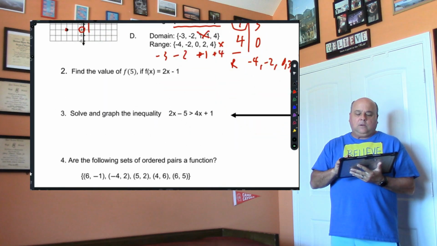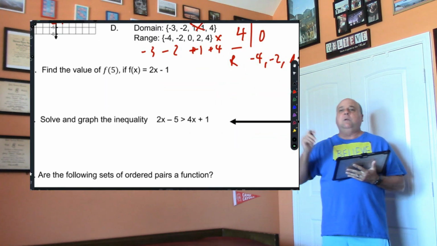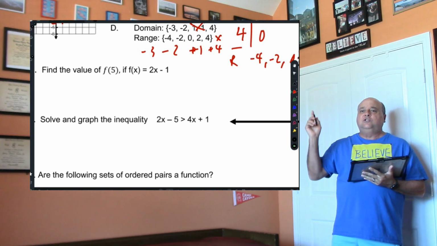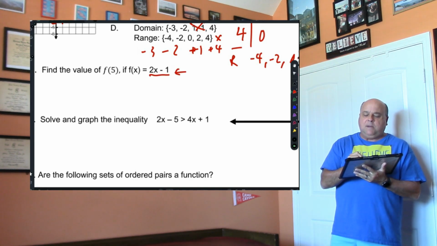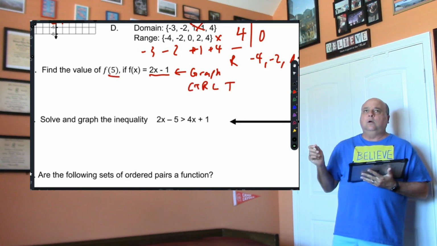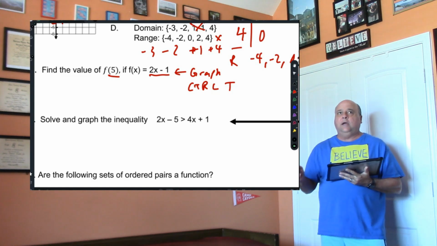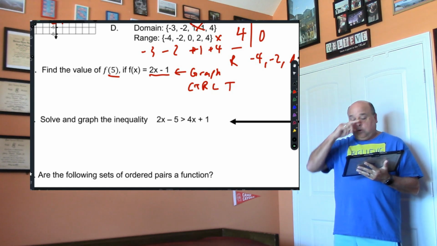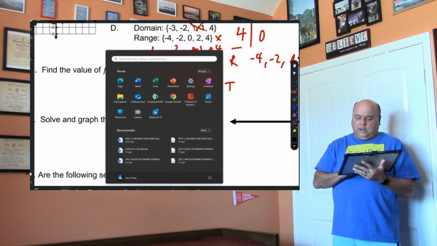Number 2, okay, on number 2, please use your calculator for this. So we're going to graph 2x minus 1, and then you hit Control-T and go to this number, okay? You want to get your x and y, okay? So I'm going to go to my calculator.